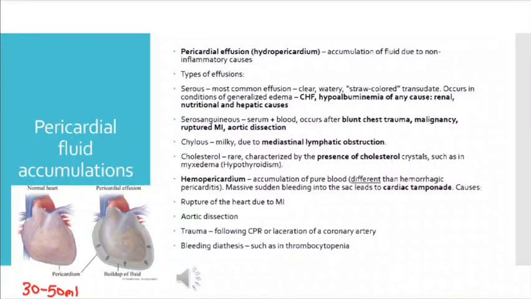You can also have serosanguinous effusions, and that contains serum and blood, and that can occur due to blunt chest trauma, malignancy, ruptured MIs, aortic dissections. You can also have chylous effusions, which are milky, and they're due to mediastinal lymphatic obstruction, and that could be, for example, due to a tumor that's obstructing the lymph.